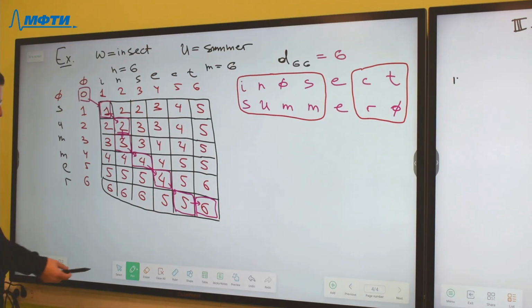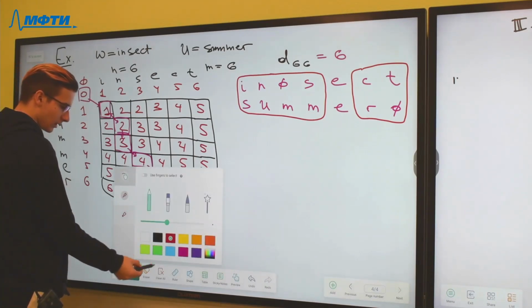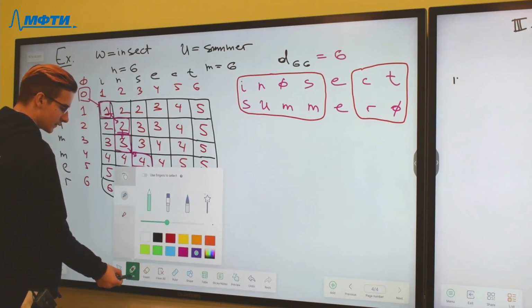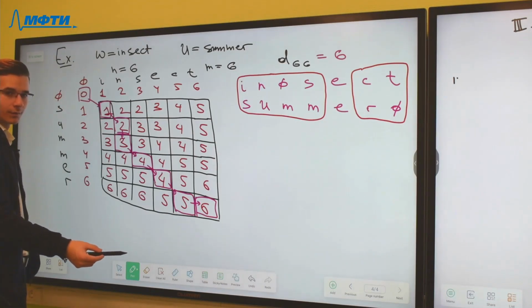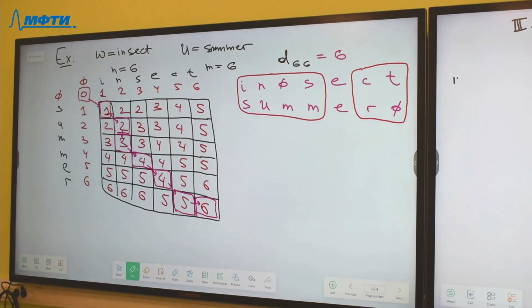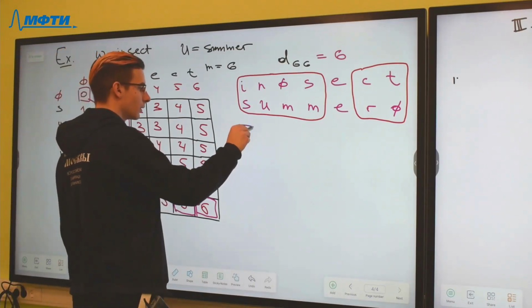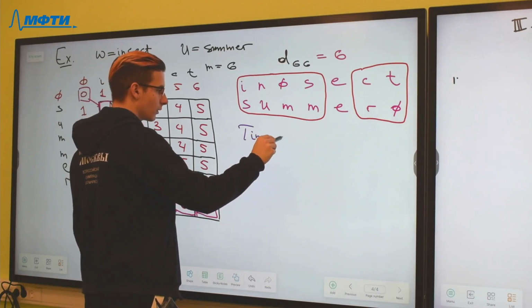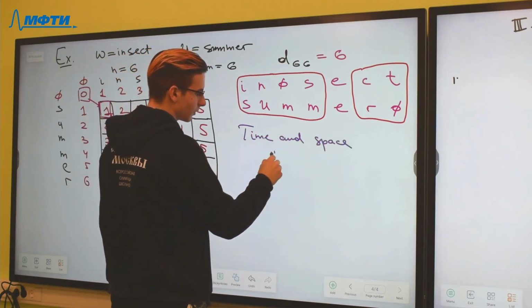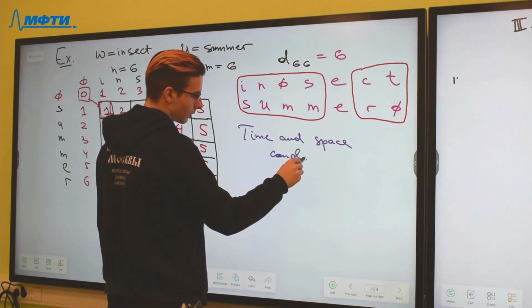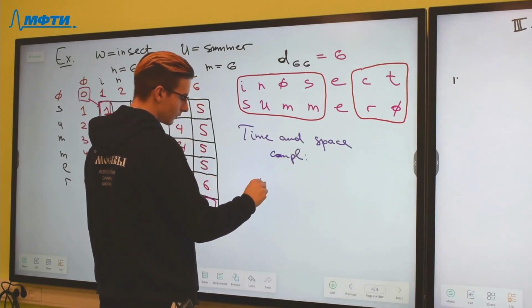But of course, we can find different ways here too. N multiplied by M. Yeah, of course. So there is no more optimal way to do it?